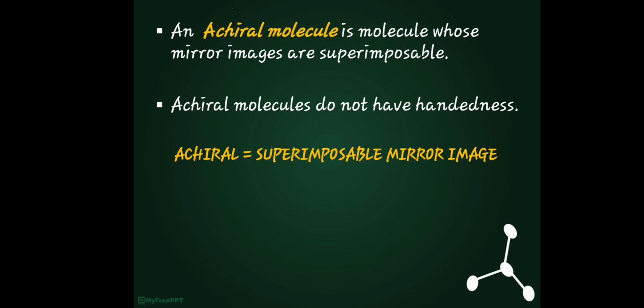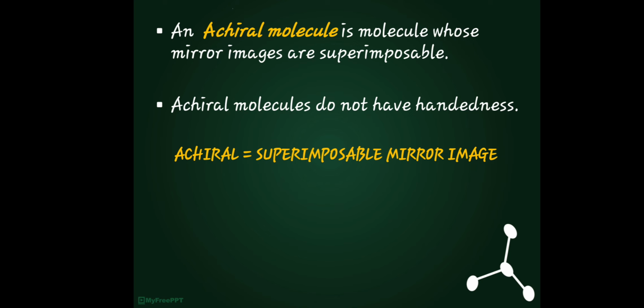Comparing it to non-superimposable, one of the best examples of non-superimposable is your hand. So meaning to say, the non-superimposable has handedness, kasi one example of it is your hand. Comparing it to superimposable, hindi.